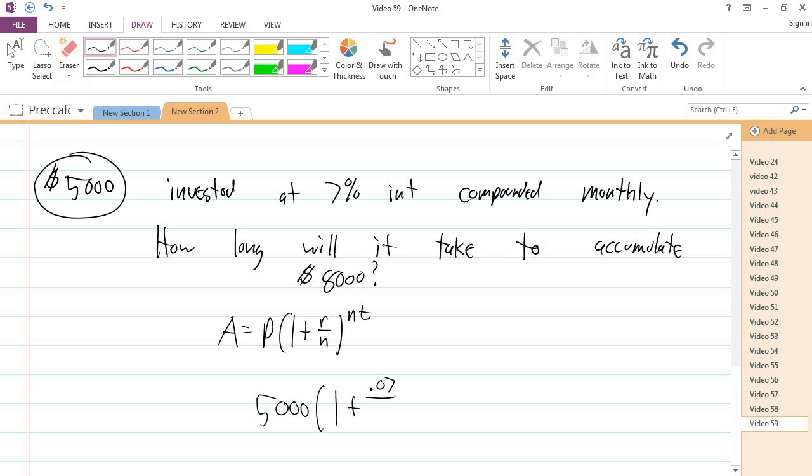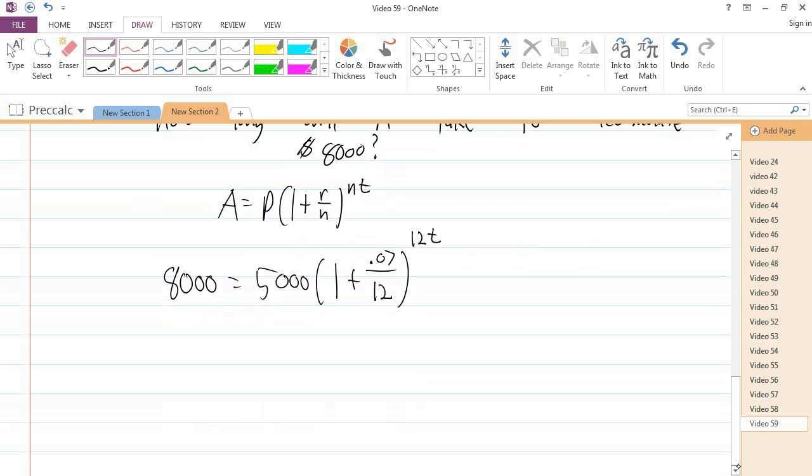I know that I am compounding once a month, and I also have an ending amount, and I want to know how long it will take. I want to solve for t, and t is in my exponent.